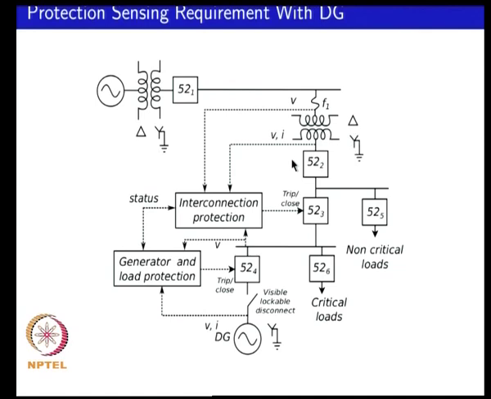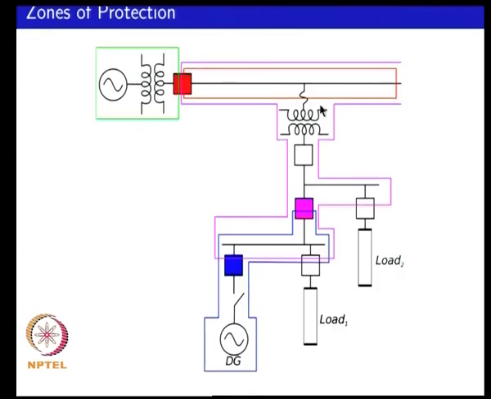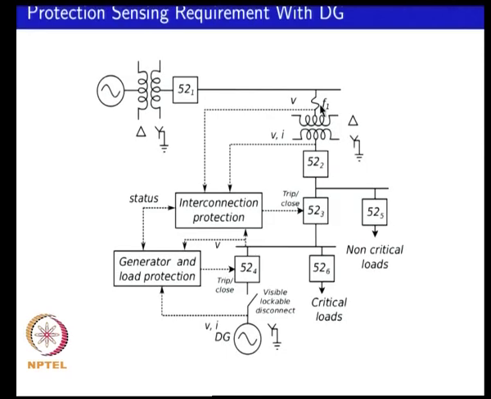In this particular case, you might be making use of voltage sensing. You might be sensing your voltage on your high voltage side to see whether you are having neutral shifts because of, say, unbalanced faults.